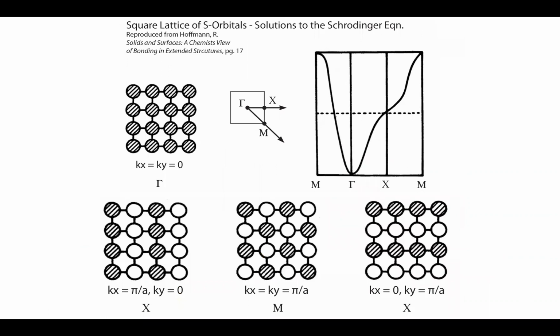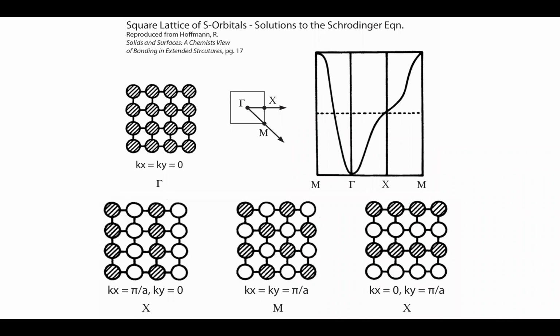So here's a wave function where in the X direction, each orbital is changing sign. Plus to minus, in the X direction. In the Y direction, it's not changing sign. So Kx here is pi over A, changing sign as you go in the X direction. Ky is 0.